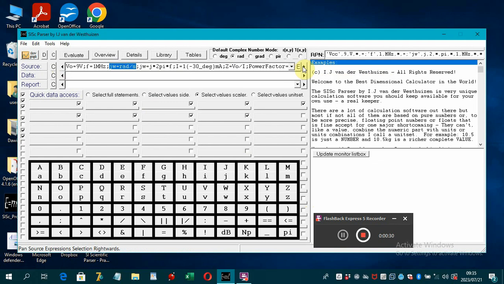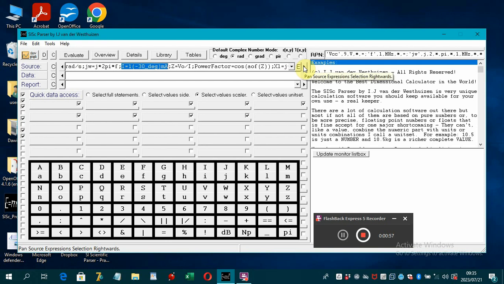The J is the square root of -1. JW is angular velocity in radians per second. JW is J, that is equal to the square root of -1, times 2 pi times the frequency of 1 megahertz.